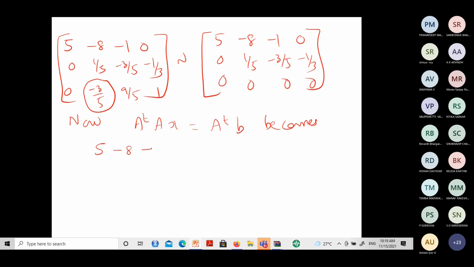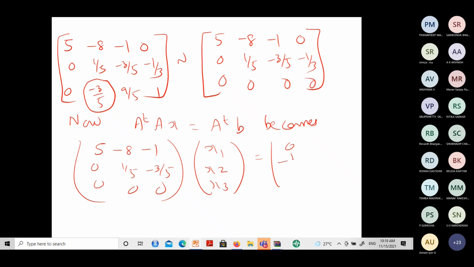So what are the reduced equations? Only 2 equations are there.